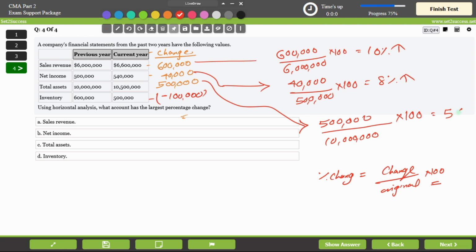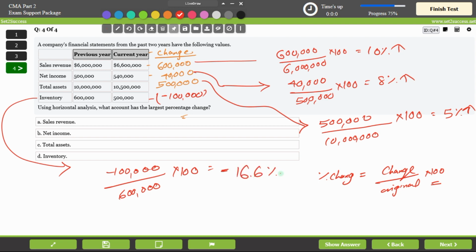So there has been a 5% increase in total assets. Now we are left with inventory. So inventory is minus 100,000 by 600,000 into 100. So that is minus 16.6%, a decrease.